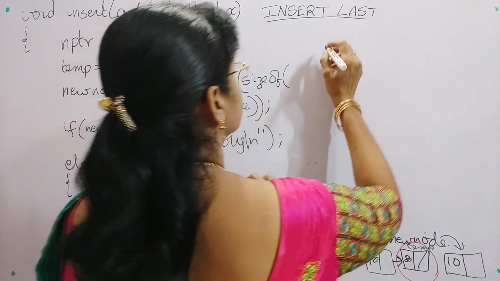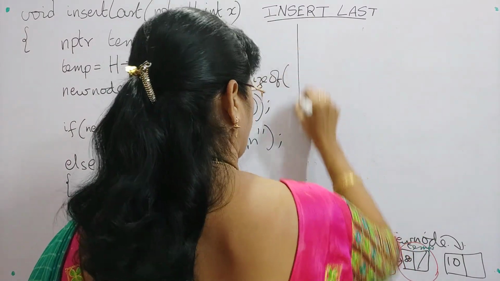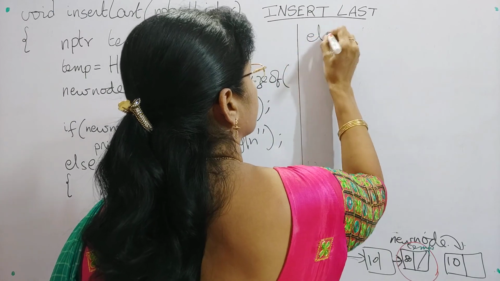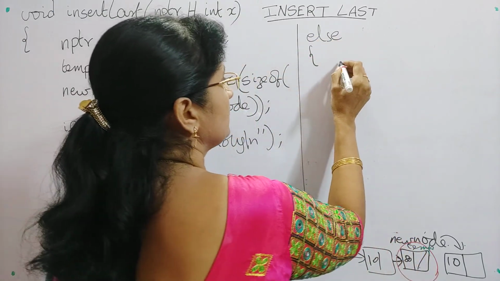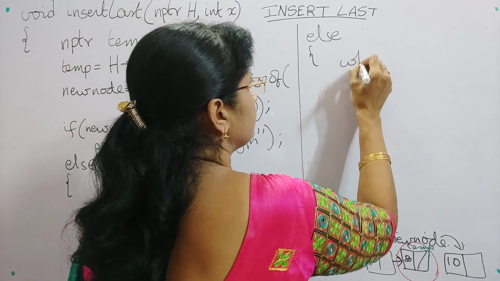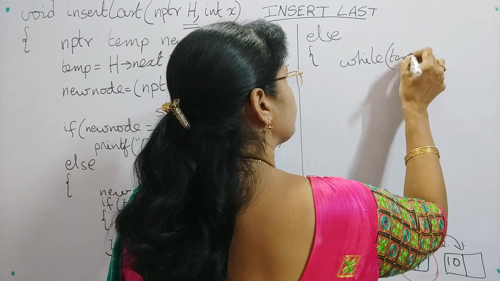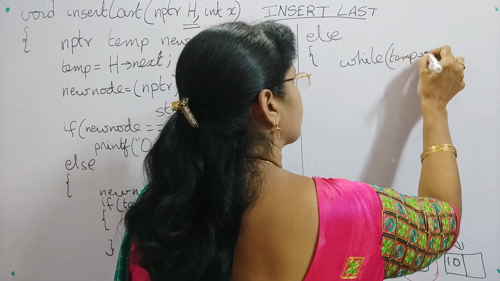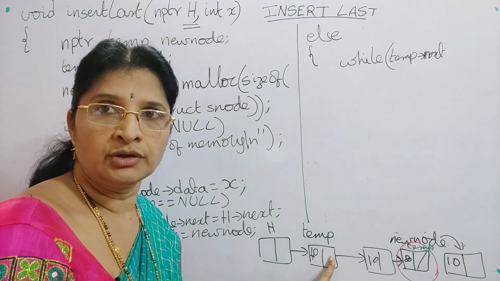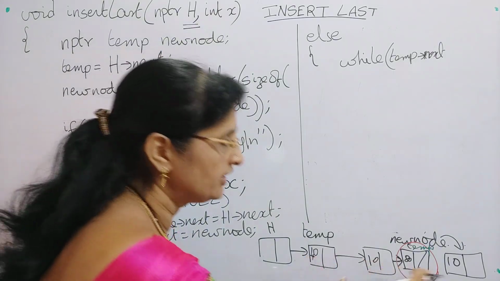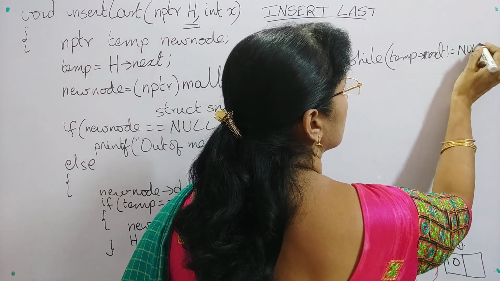So in its else part, while temp next not equal to null, we are moving the pointer until the last node.